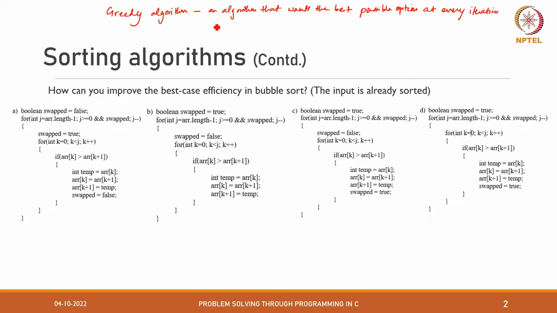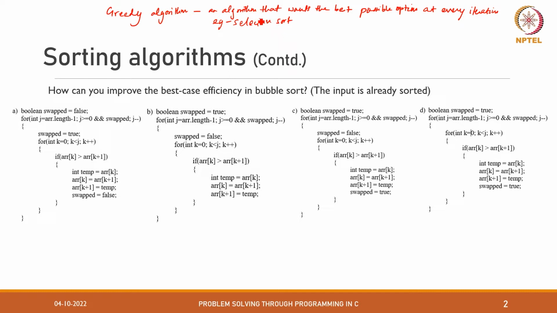An example of the greedy algorithm is selection sort, because in selection sort we are required to find the minimum. If we are arranging the array in a non descending order, then we find out the minimum value among the elements in the array, and we bring it to the first place.